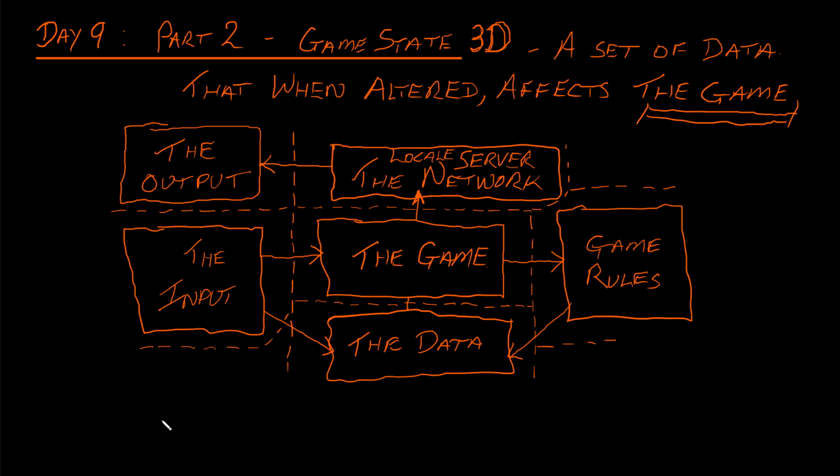Only under exceptional circumstances can the input, that would be like administrator or something like that. If they wish to close the game down, they would have to alter something in the data that signifies that the local server should shut the game down, and the local server is then responsible for shutting the game down, which obviously means the output means that the input has to fire that off twice to shut the game down and the game rules.